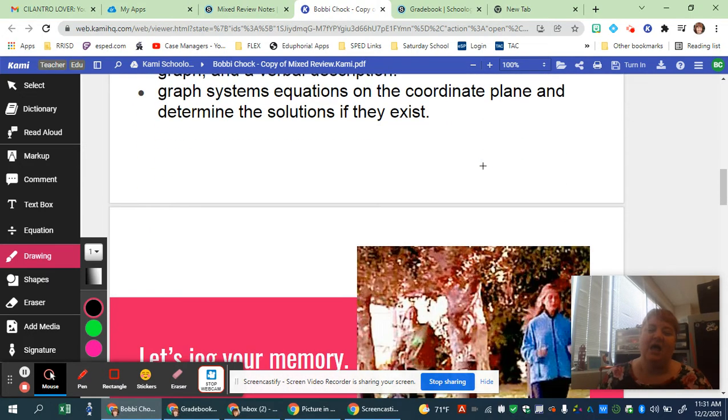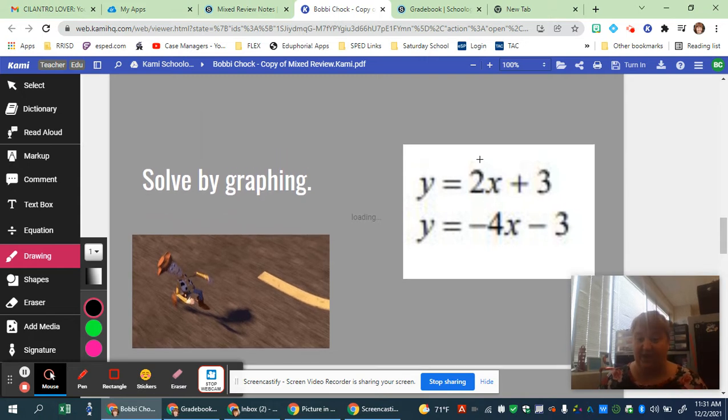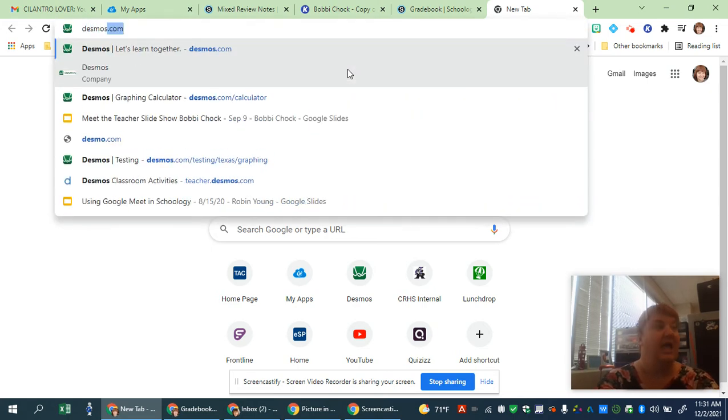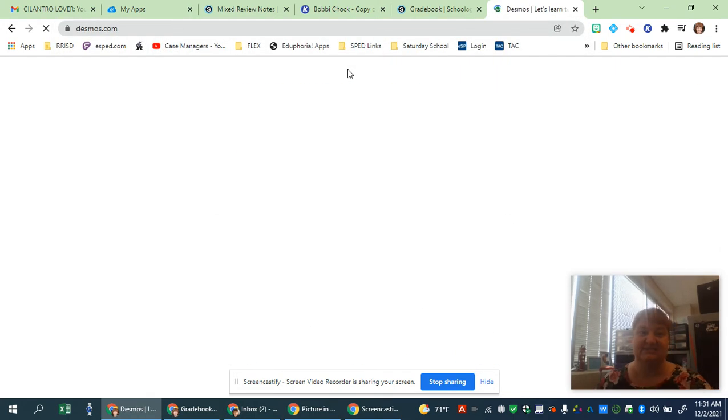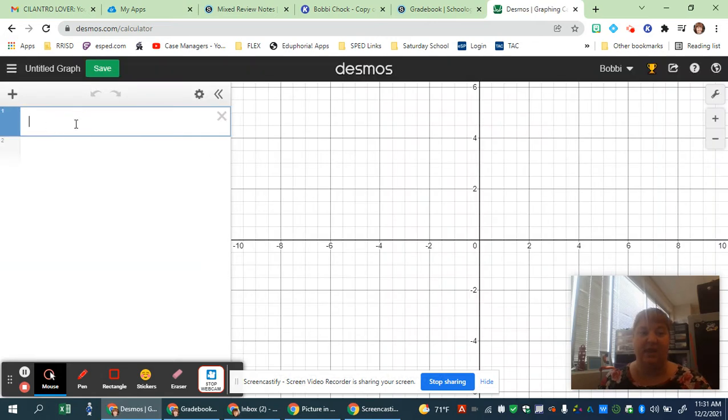Okay. So let's jog your memory on the methods. Solve by graphing. So I have right here y equals 2x plus 3 and y equals negative 4x minus 3. All I'm going to do is go to Desmos and put it in my graphing calculator.